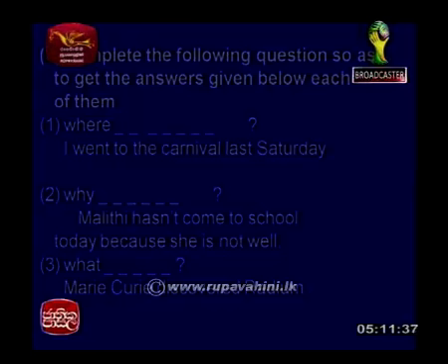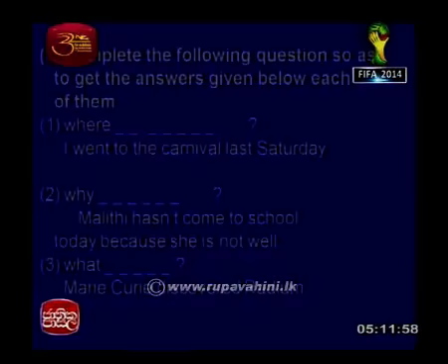Here, why hasn't she, even we can use instead of Maliti, we can use the personal pronoun she. Why hasn't she come to school? Or why hasn't Maliti come to school? Or why hasn't she come to school?